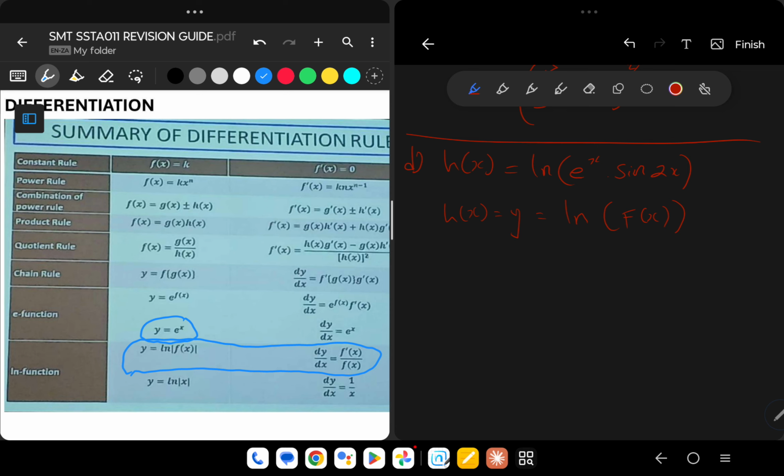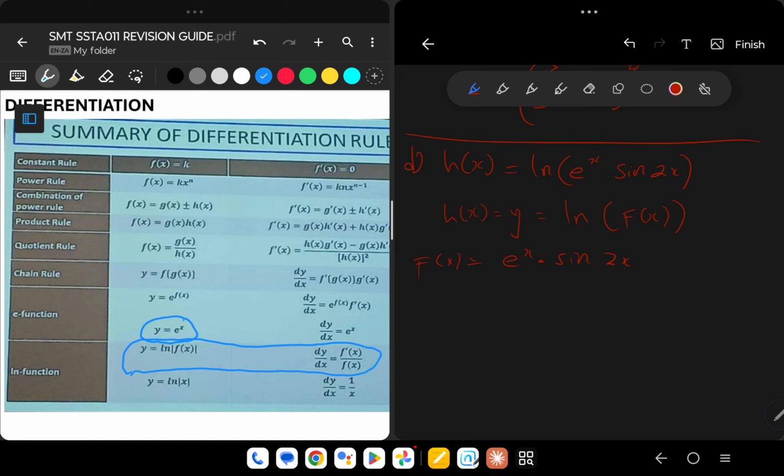To continue with this one, you must look at how your f at x is. In this case, your f at x is just e to the power of x times sine 2x. You have two functions there: the function e to the power of x multiplying with another function.